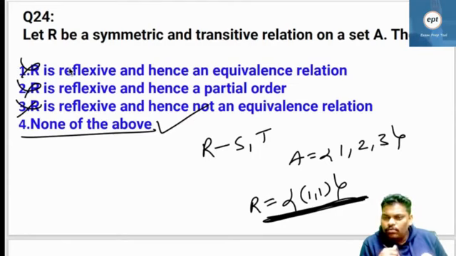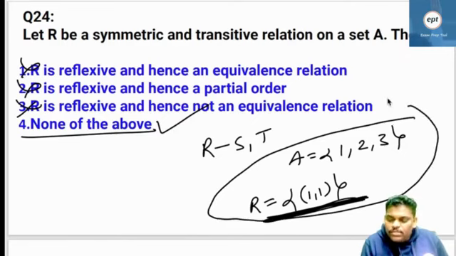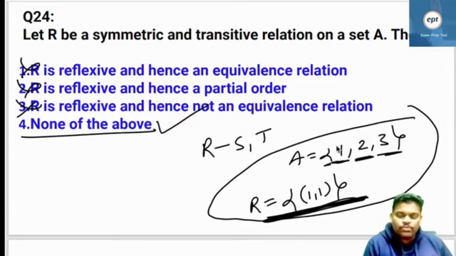Is it true? I give an example also. If A is equal to {1, 2, 3} and R is equal to {(1,1)}, it is symmetric and transitive also. But where is the reflexive? Reflexive means for every element, (1,1), (2,2), (3,3) should be there. Then R is reflexive and hence an equivalence relation, or a partial order. So is the answer 4 or not?